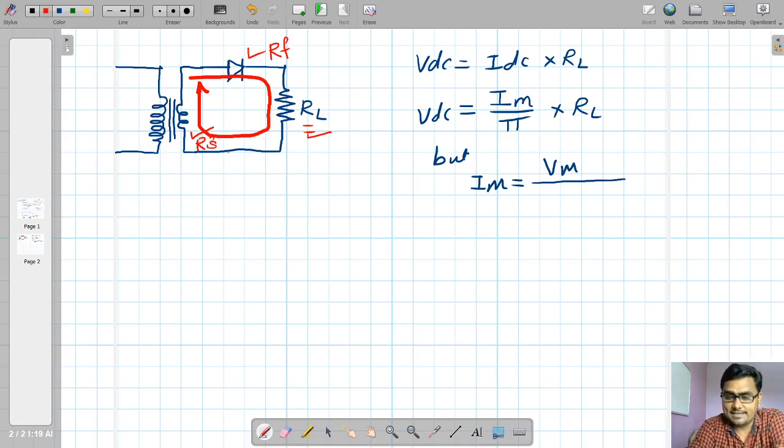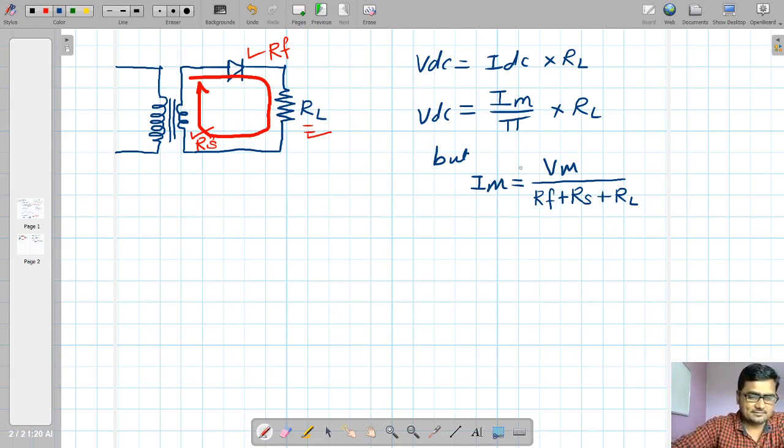I have to write Im is equal to Vm divided by Rf plus Rs plus RL.